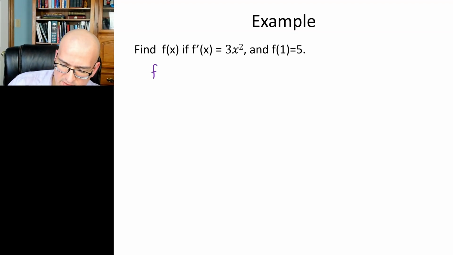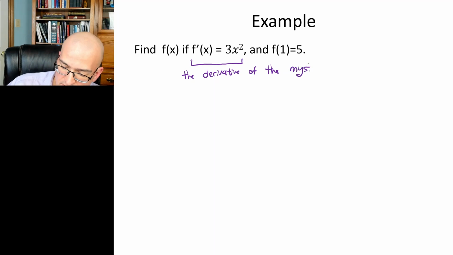Okay, so I'm going to write down what the words are. The derivative of the mystery function is 3x squared.